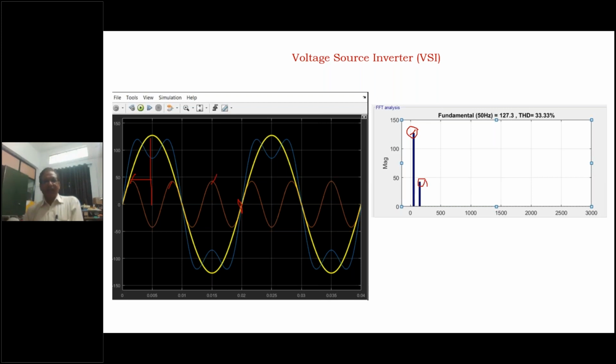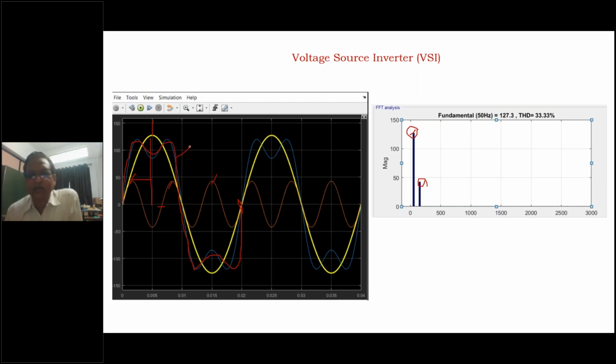So this is the sine wave, this is the third harmonic, and the resultant waveform looks like this.